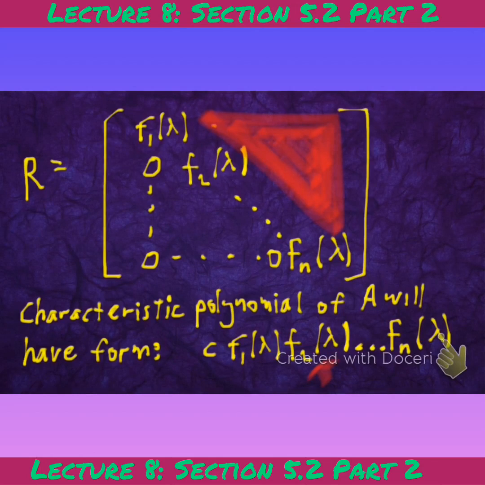Now, if we look at the eigenvalue lambda 1, now remember the geometric multiplicity, or the dimension of the eigenspace corresponding to lambda 1, is basically going to be determined by the number of zero rows that you're going to get in this matrix here once you've plugged lambda 1 into the lambda polynomials.